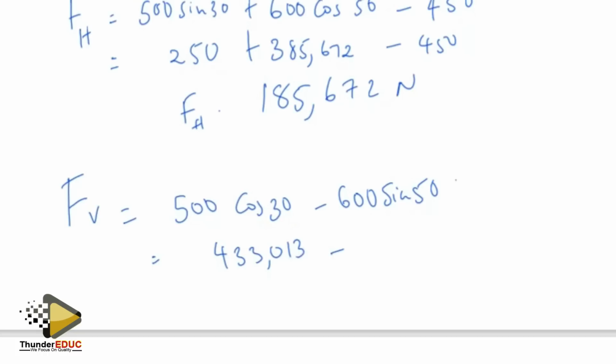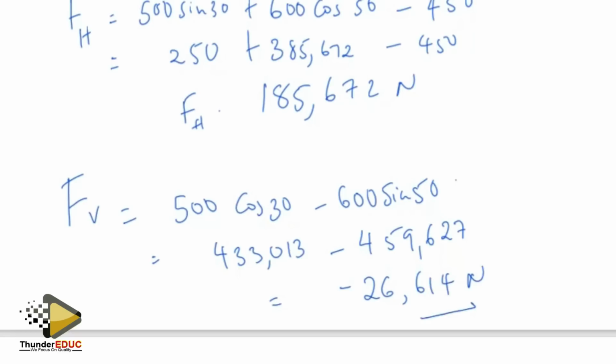And then 600, we're having sine of 50. Punch that into the calculator, I'll get 459.627. When I subtract these two, I'm getting negative 26.614 newtons. So this is my vertical.